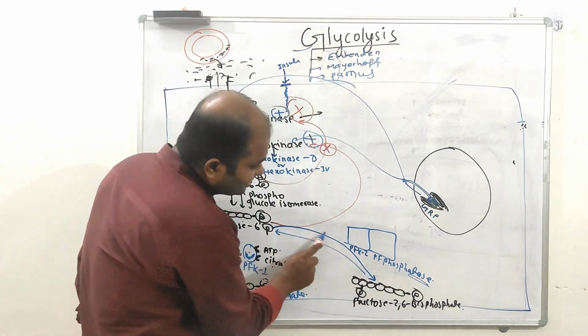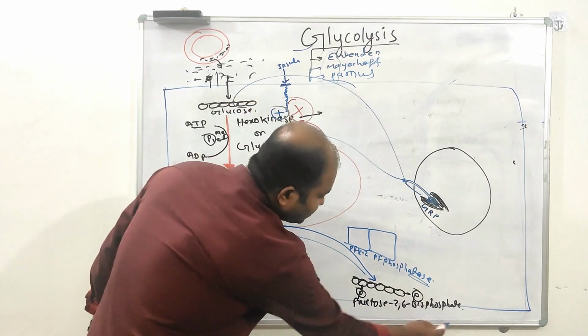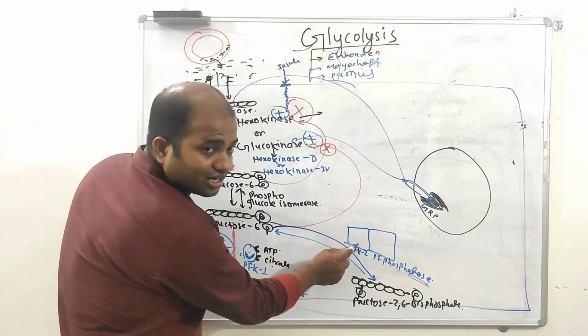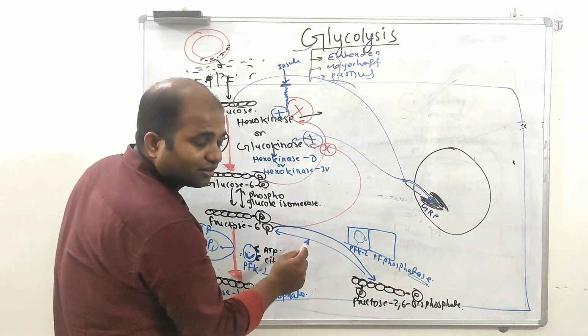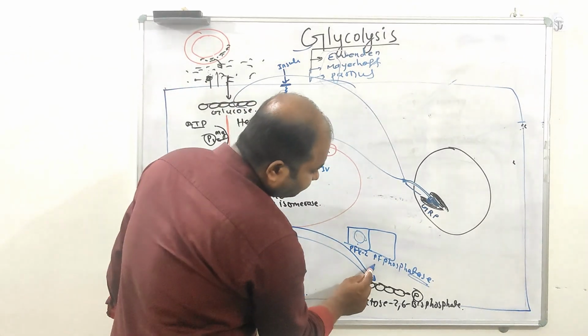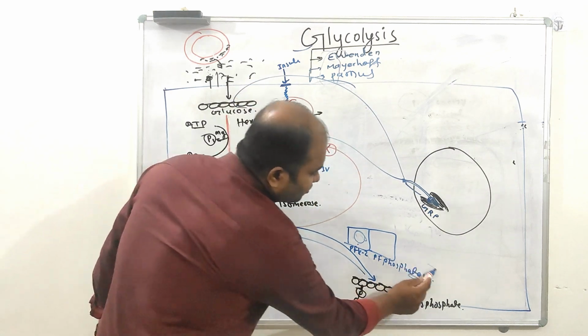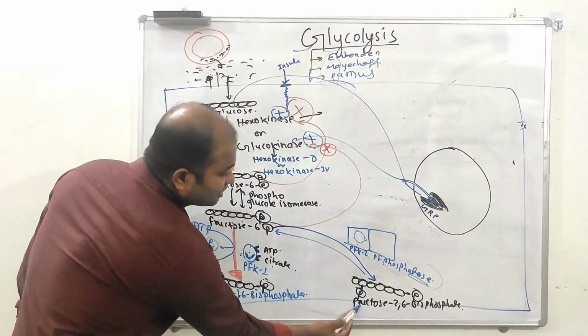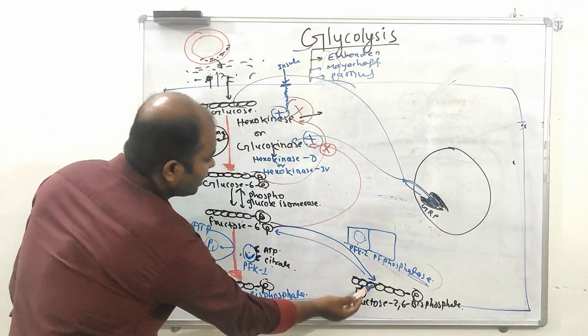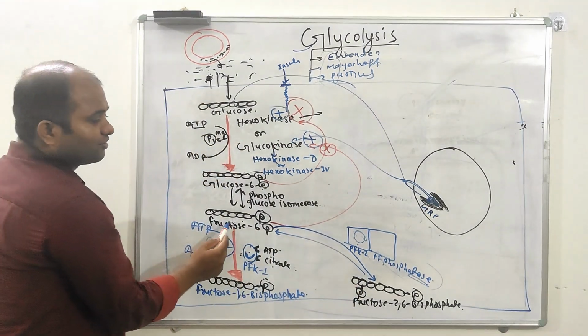So when this reaction is going forward and producing this compound, that means kinase activity is going on, right? This part of the enzyme is working. And when the phosphofructose phosphatase is working, that means it is taking the phosphate back, removing the phosphate, and it is coming back here, right?